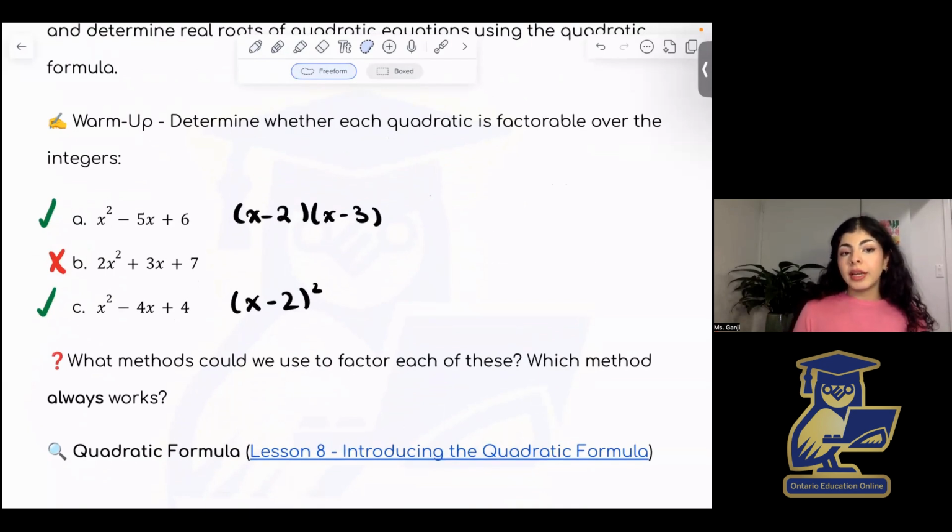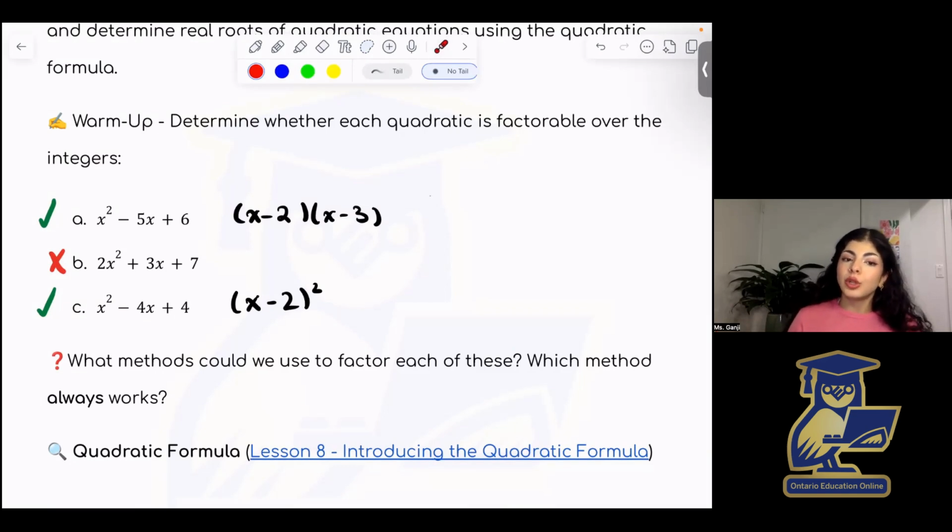For the second function, if you try to find two numbers that have a product of 14 and a sum of 3, you would not have been able to find any. So there are no solutions there, it's not factorable. And the last one is a perfect square with -2, and again, that comes from that -4x.